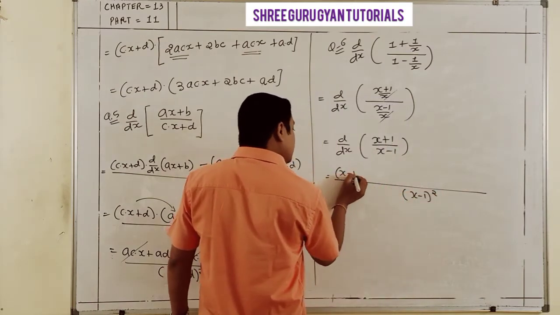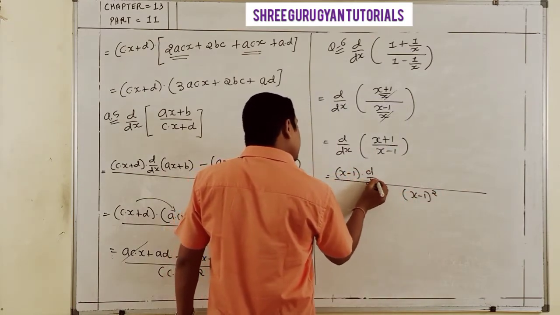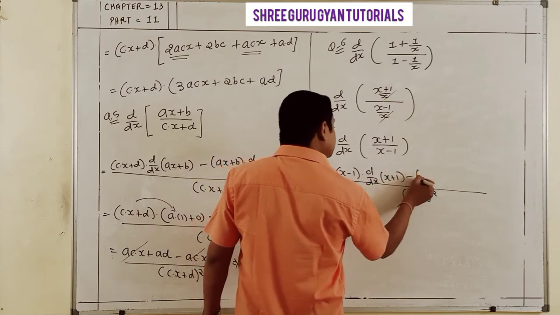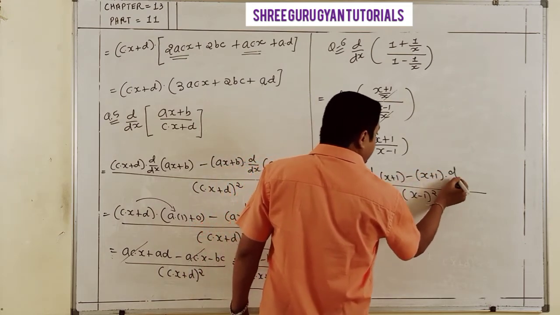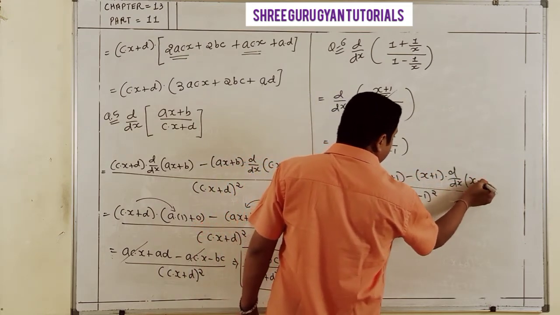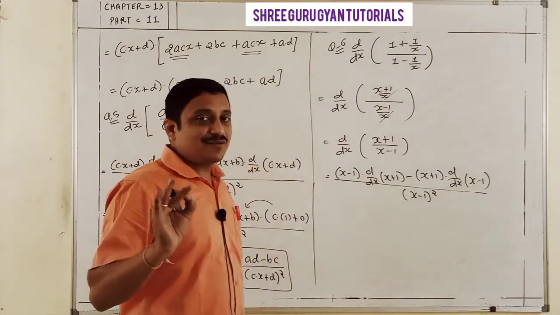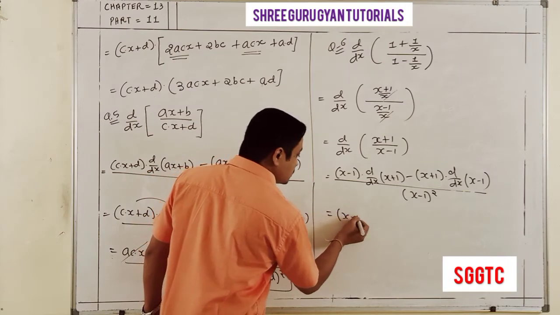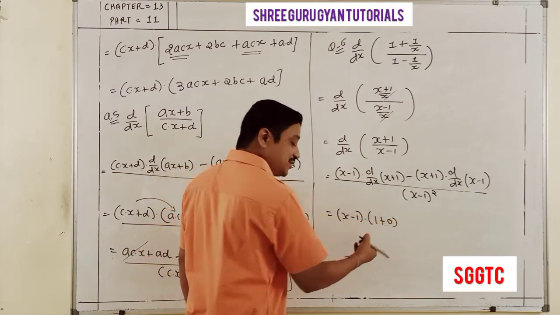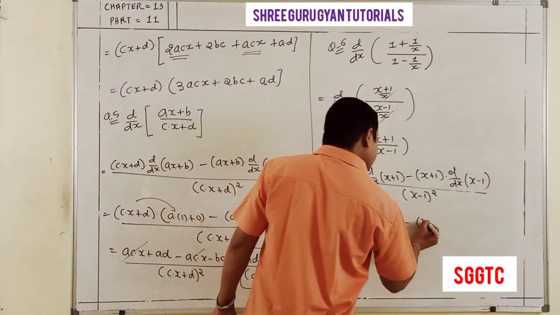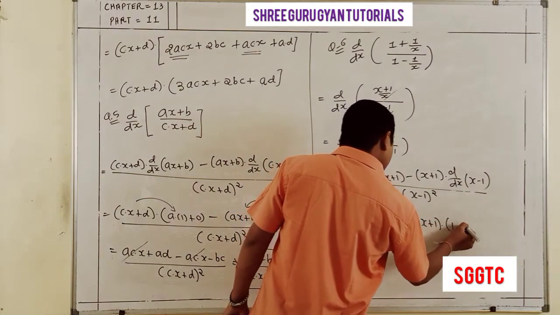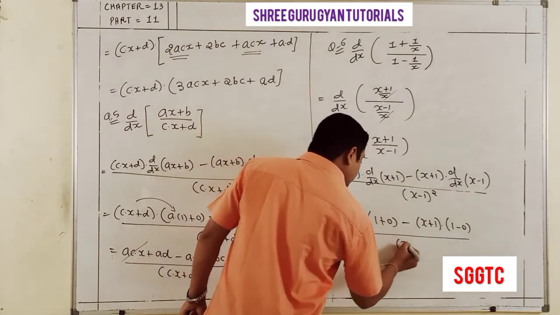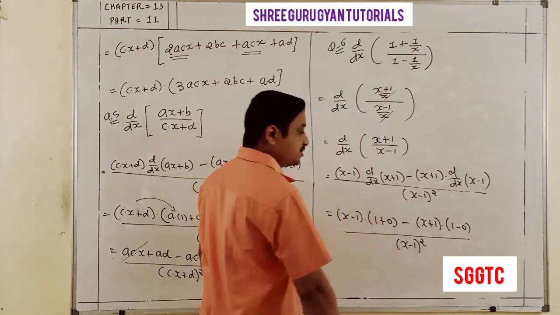Now in the numerator, d/dx of numerator minus numerator d/dx of denominator. Now we start our simple formula: x minus 1, its derivative is 1 but the derivative of 1 is 0, minus similarly here 1 but here 0, and downwards as usual.